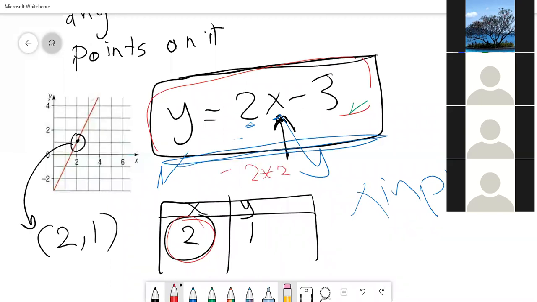And y is 1. 2 times 2 is 4. 4 minus 3 is 1. Is it the same as y? Yes, both sides are equal. So this proves that this point lies on the line.